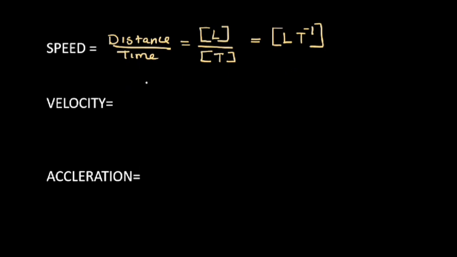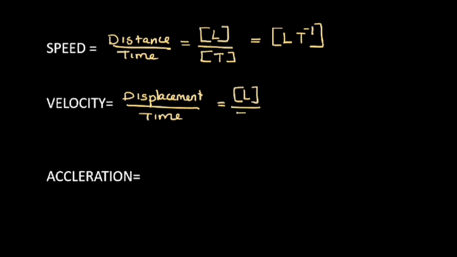Then let's see what is the dimension of velocity. The equation is displacement divided by time. So what is the dimension of displacement? It is L divided by, what is the dimension of time? It is T. So we get L T raised to minus 1. Then acceleration.